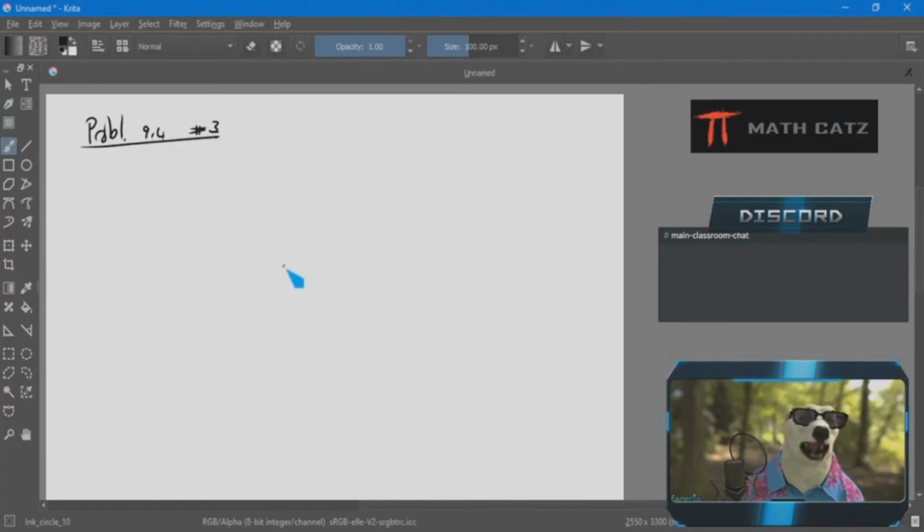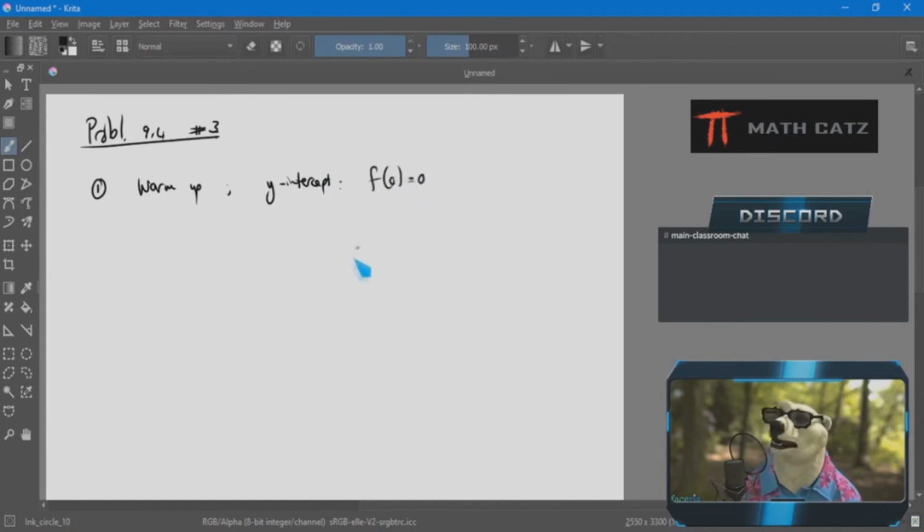Okay, so whether you have it in front of you or not, the first part is not difficult. Warm-up is non-existent really, because I don't know the type of function I'm working with here, but I can find the y-intercept that they give me because they tell me f of 0 is 0.